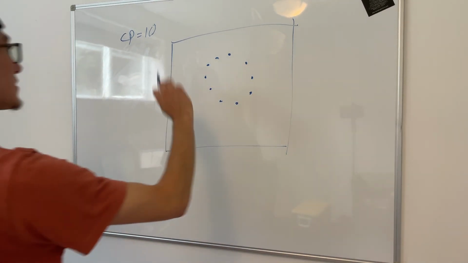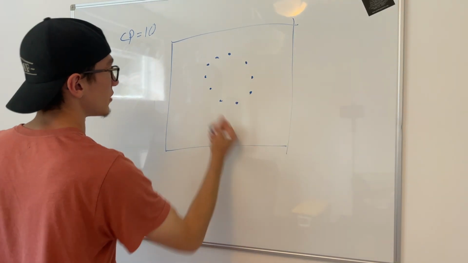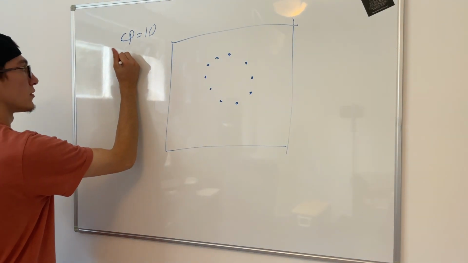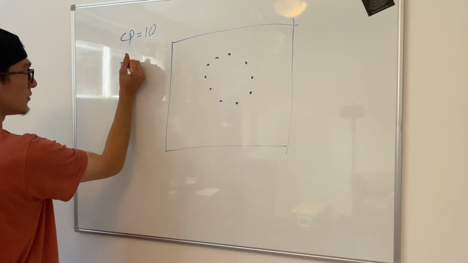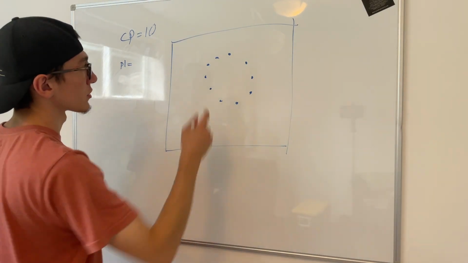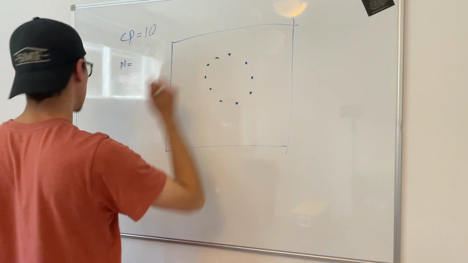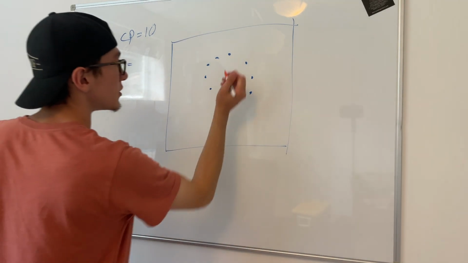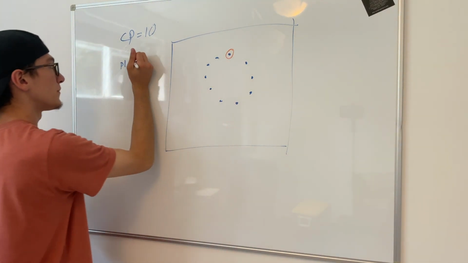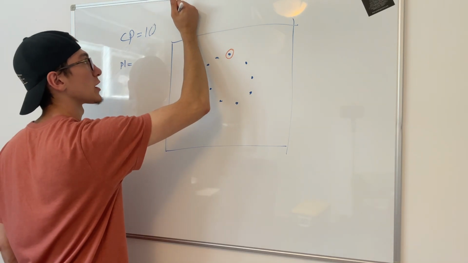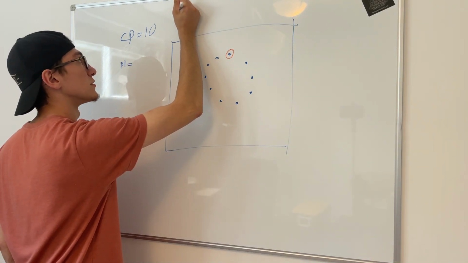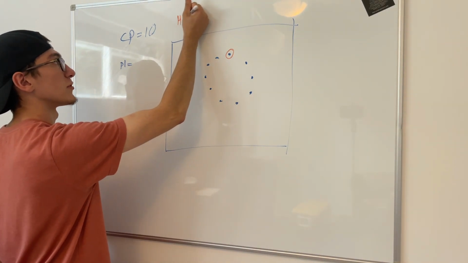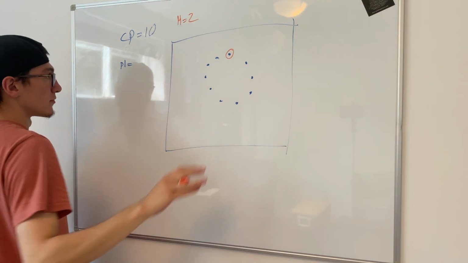So this algorithm is basically going through every point. So for point 1, we're going to start where it is. So in this case, let me change the color. So in this case, we're starting from here. And then we need a multiplicator, right? So we'll do M for multiplicator. Let's call it 2, right?